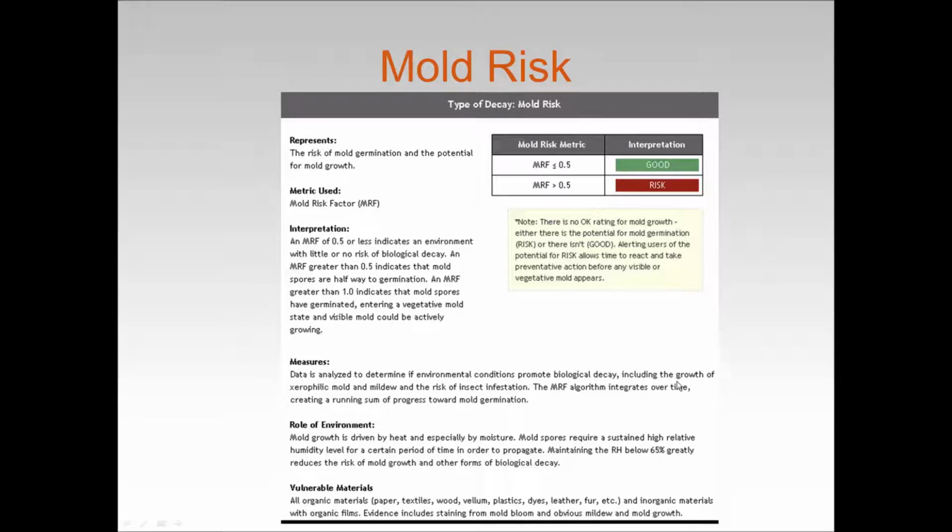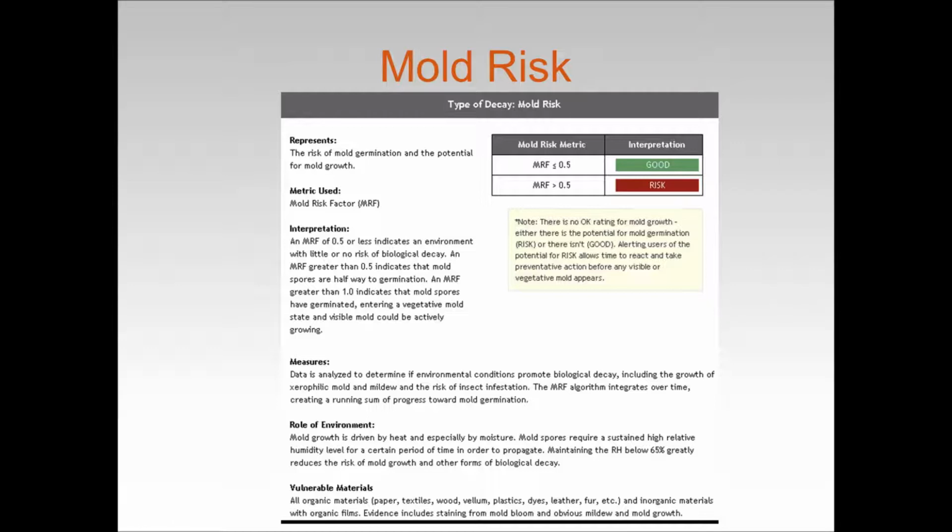Data for the mold risk is analyzed to determine if the environmental conditions are there to promote biological decay. If you exceed the 1.0 level that indicates that mold spores have germinated, it does not mean that you are definitely going to see mold in your collections.